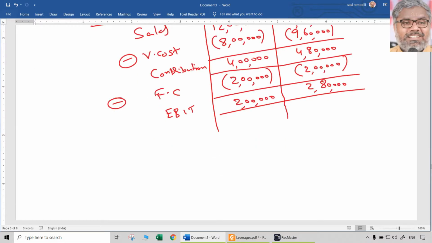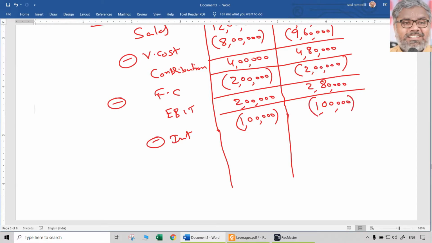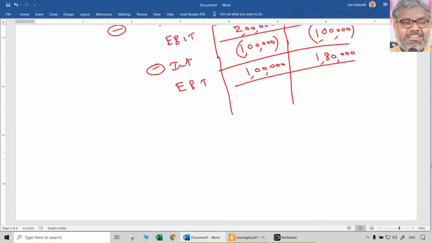Now, interest. Interest we know already, 1 lakh. So, what will be the resultant? EBT 1 lakh and 1,80,000. Then tax.